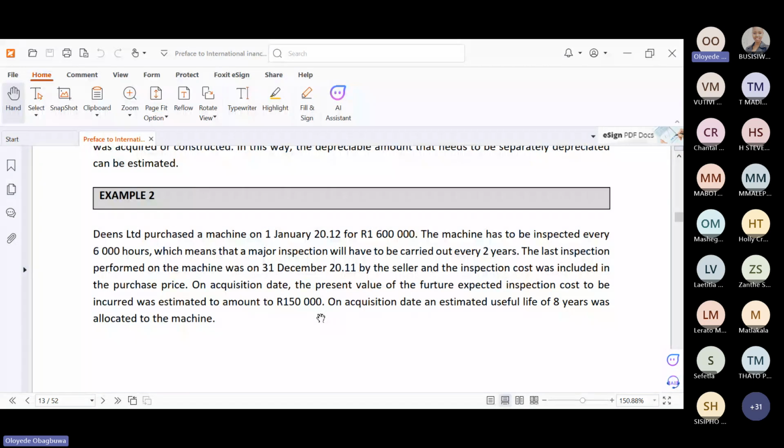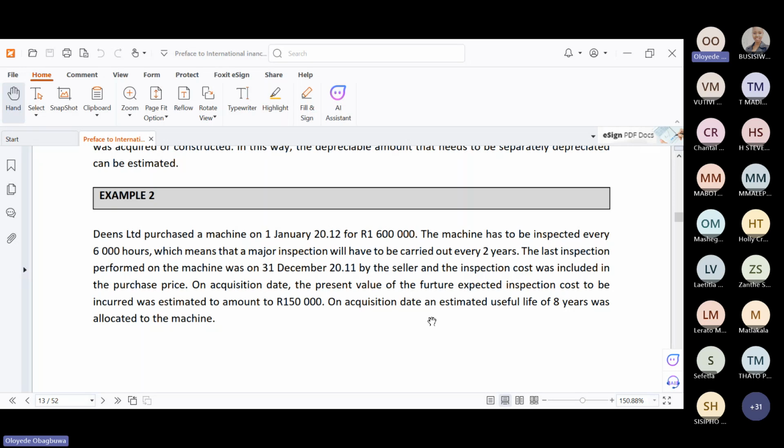Now, on the acquisition date, an estimated useful life of 8 years was allocated to the machine. You can see there are two scenarios here. The machine has an 8-year useful life. The inspection has a 2-year useful life because it has to be carried out every 2 years.